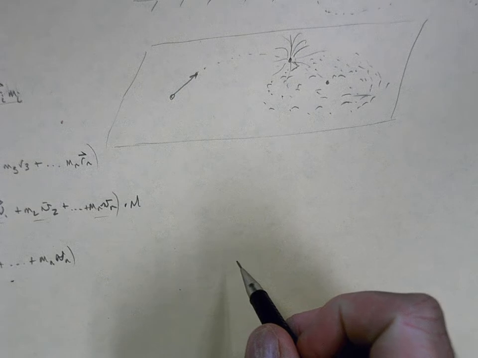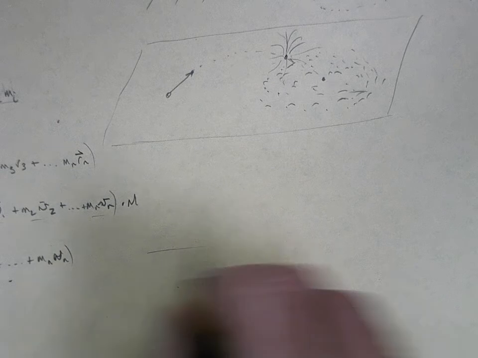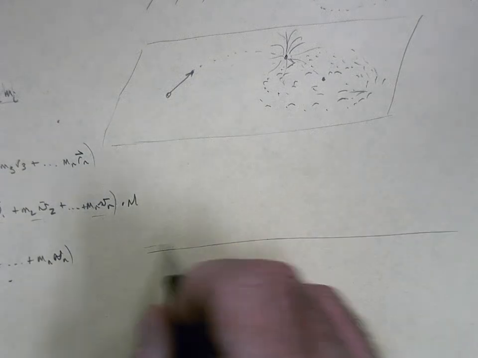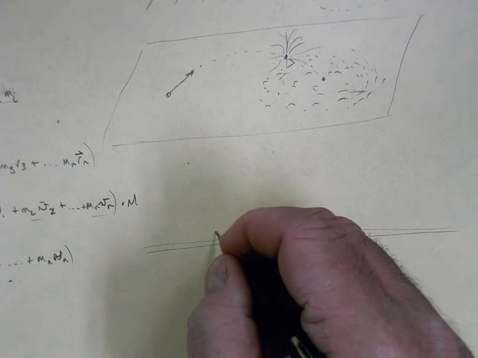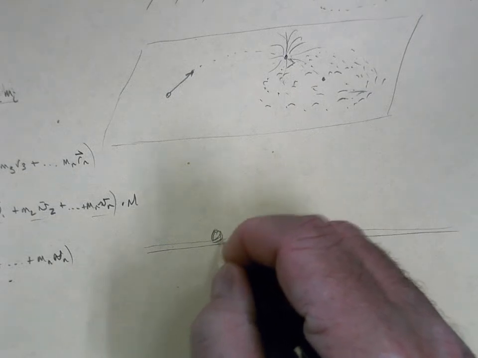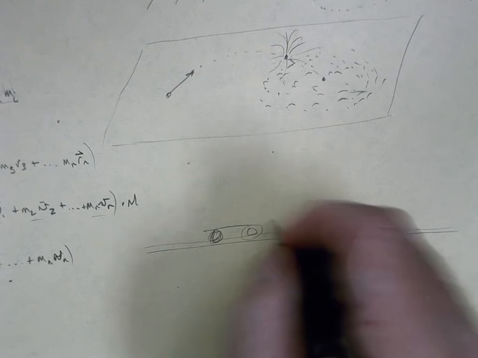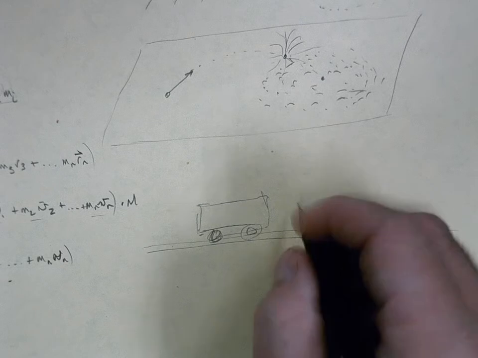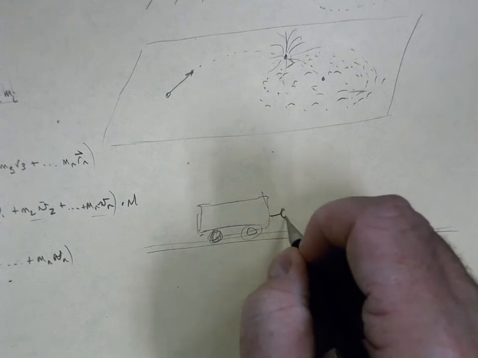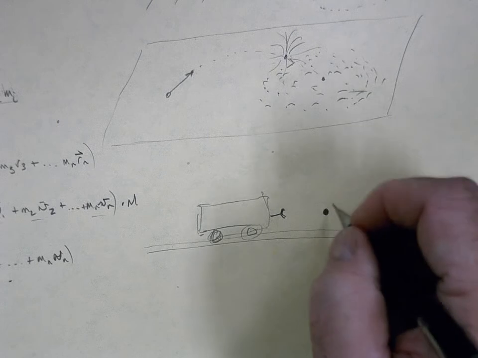So let's say we have two trains, because if there's one thing that a physicist likes as much as a crate, it's a train. So we've got these two trains, and here are the wheels of the train. This one has its end of the coupling system, and here's the other train's coupling system.